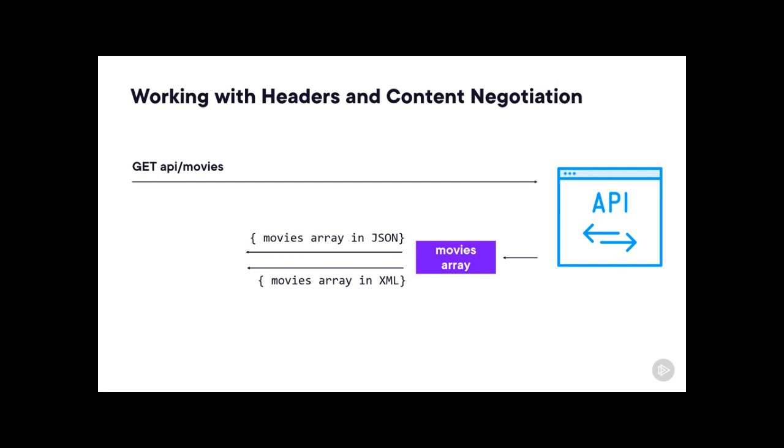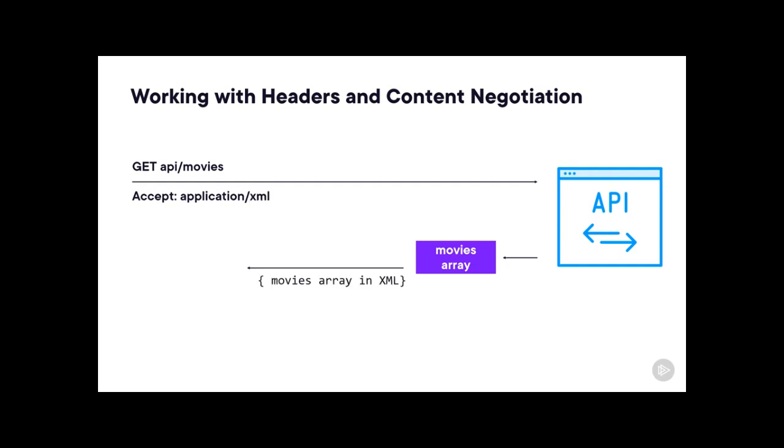What content negotiation does is allow the client to tell the API which representation is best suited for it. It does so by passing through the media type via the Accept header. If it passes an Accept header with value application/json, the API should return a JSON representation.